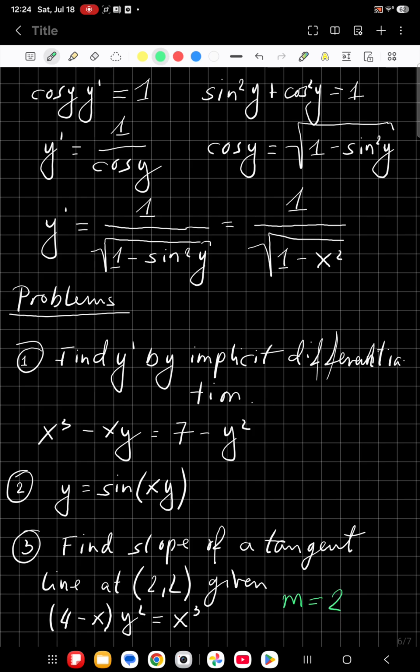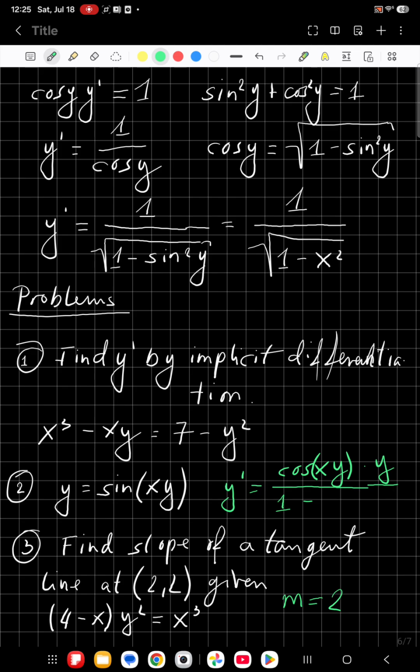Number 2: y prime is cosine of xy, with xy under the cosine, times y, and the bottom is 1 minus x cosine xy. It might be more elegant if that y was there, easier to understand.